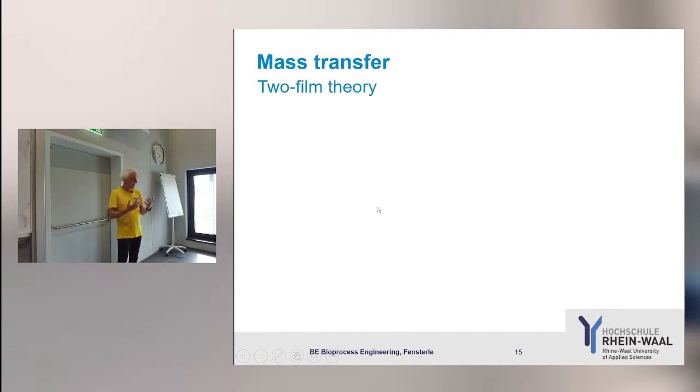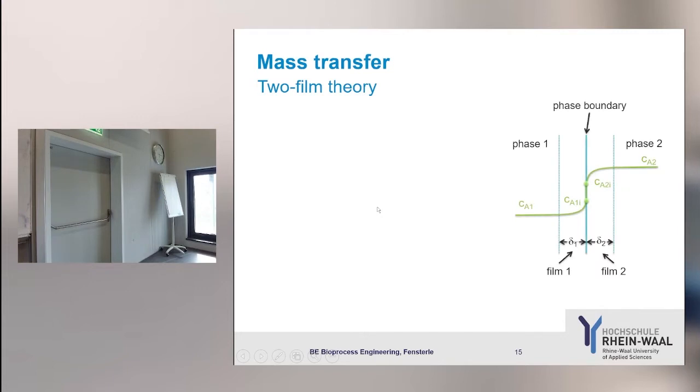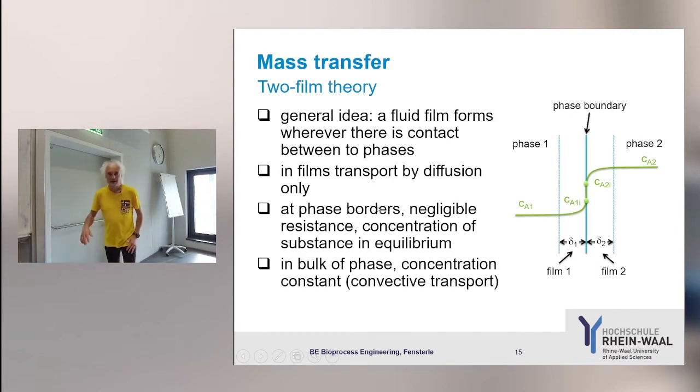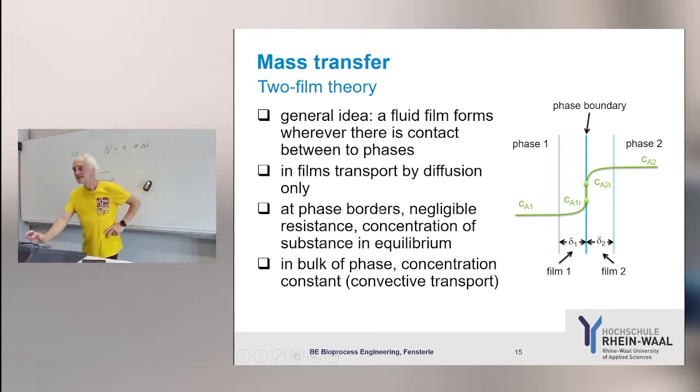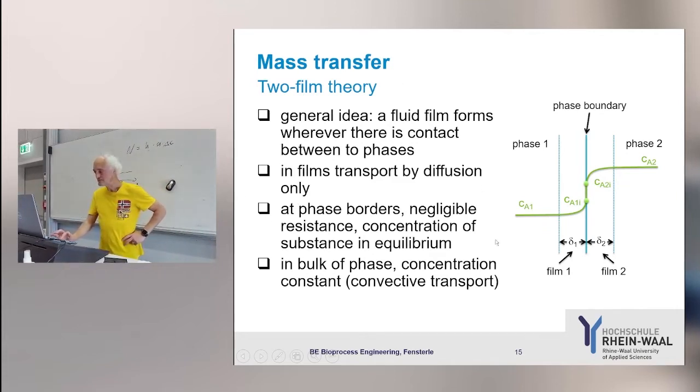And this helps us if we think like this. So this is the two-film theory. If I look at two phases, in this case liquid phases, phase 1 and phase 2, where I have two different concentrations, then here and here I have ideal mixing, so transport by convection means ideal mixing.